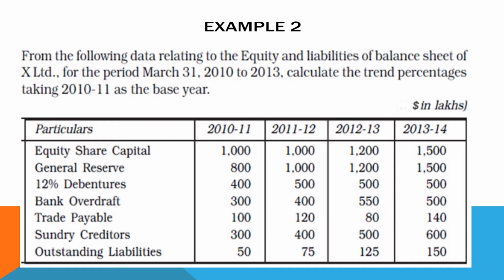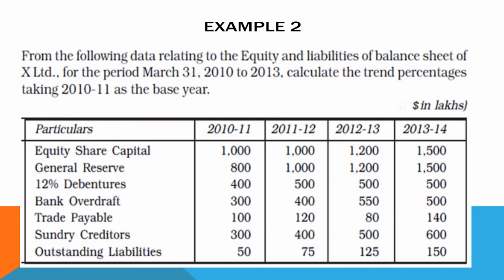And in case of general reserve, 1200 divided by 800 into 100 is equal to 150%. In 2013-14, 1500 divided by 1000 into 100, which is equal to 150%. And lastly, in the case of general reserve, 1500 divided by 800 multiplied by 100 is equal to 187.5%.